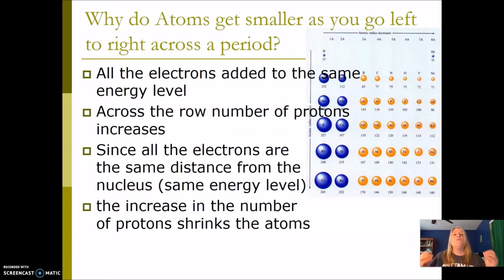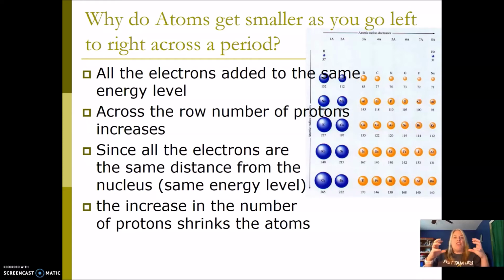Well, the reason is that when we add electrons in a row, we're adding them to the same energy level. So we're just increasing the number of valence electrons. But we're also adding more protons. And protons have positive charges, and electrons have negative charges.